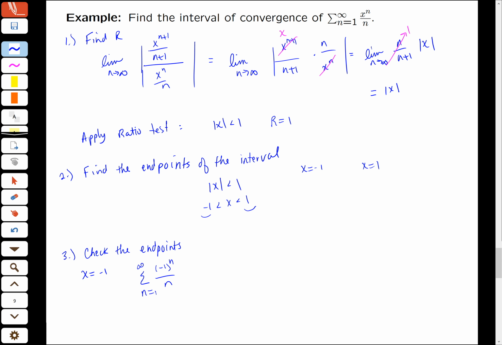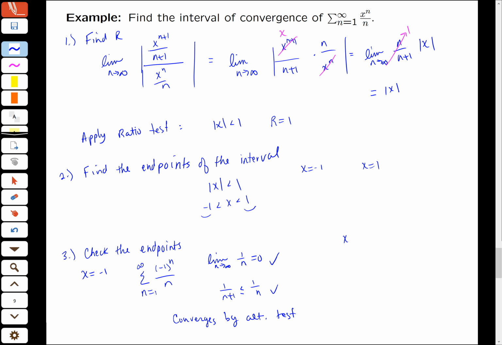So let's actually check it. Let's do the steps to check it. The limit as n goes to infinity of 1 over n equals 0. Good. And is 1 over n plus 1 less than 1 over n? Yes. So this one converges by alternating. So I know it's going to converge when x equals negative 1.